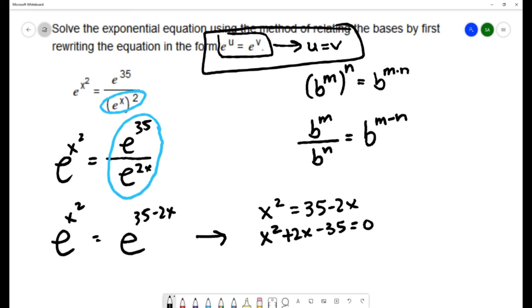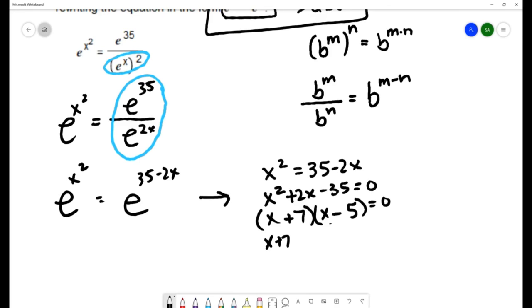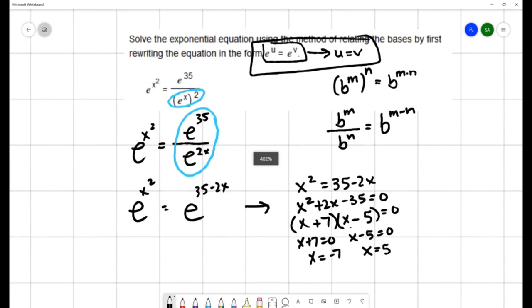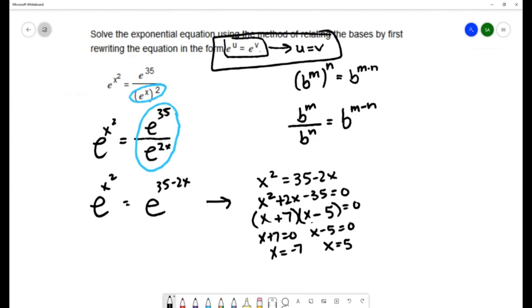We're going to factor. We have x and x, 7 and 5, a plus on the 7, minus on the 5, and we set each one of those factors equal to 0 using the zero product property. That gives x equals negative 7 and x equals 5. So the solutions to this exponential equation are negative 7 and positive 5.